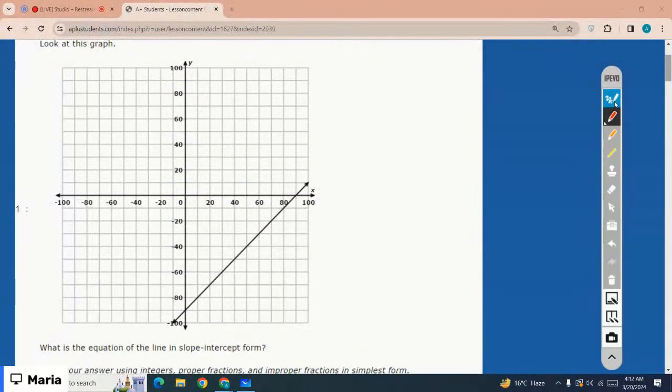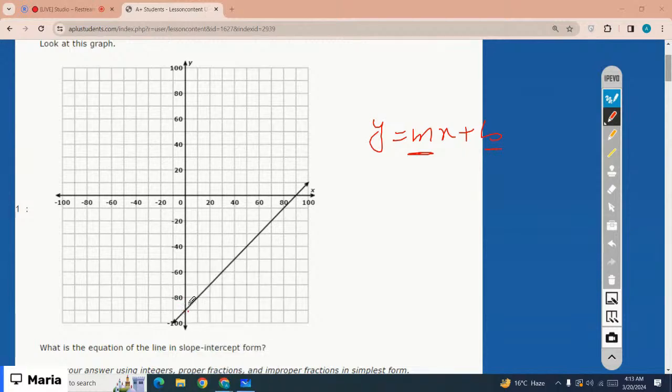You have to write down the equation in the slope intercept form, and the slope intercept form is this one: y equals mx plus b, right? So you need two things: slope and the b is the y intercept, right? Y intercept means the point where the graph is touching the y axis. So here is the y intercept.